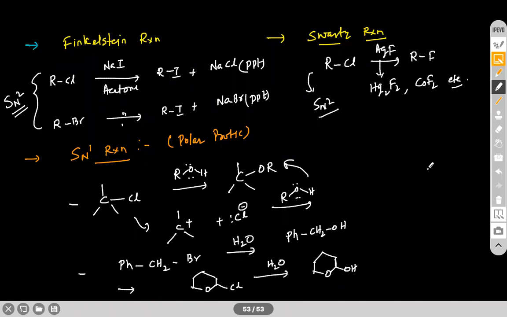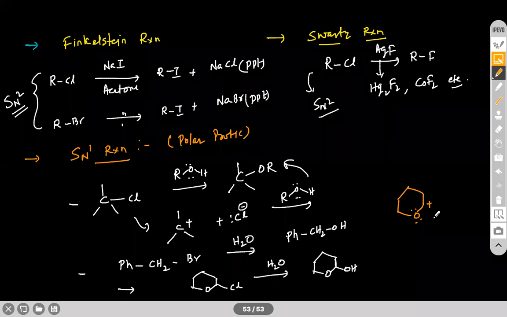You see this carbocation in the third reaction, we get this, which is resonance stabilized with the lone pair of this. That's why the carbocation forms. And then water as a nucleophile attacks onto this, forms OH. Clear? Understood?